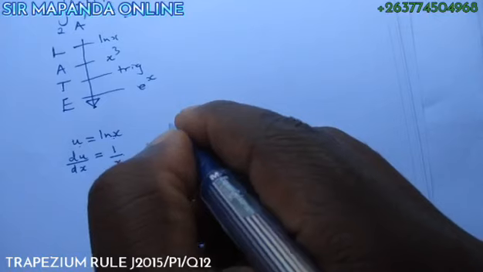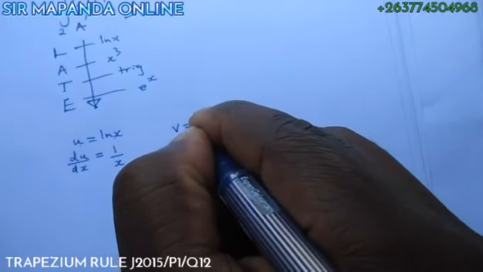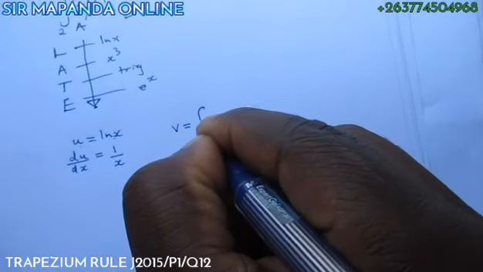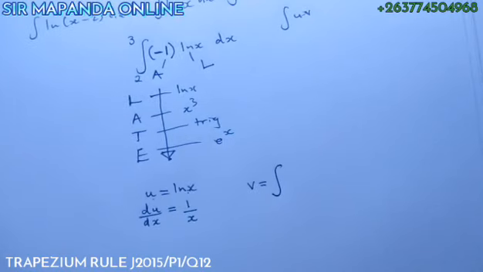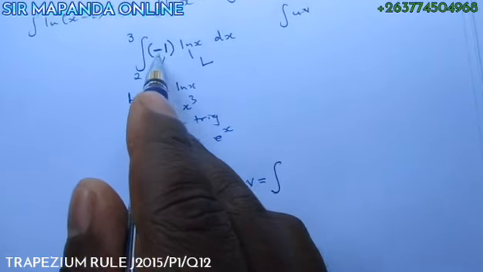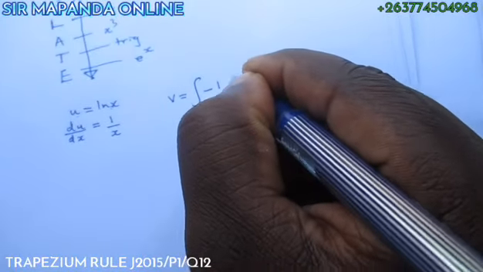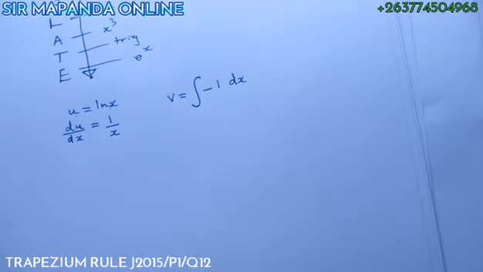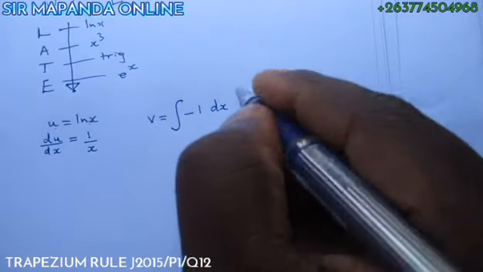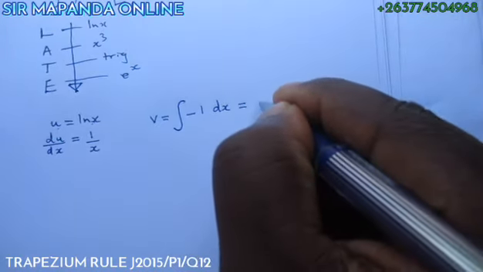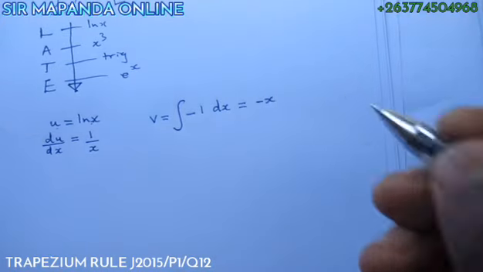Right. Then what is v? v is the integral of the remaining function. The remaining function is minus 1. So if we integrate minus 1, the output after integrating minus 1 is your v. I hope you are following. So the integral of minus 1 is minus 1x, which is as good as minus x.